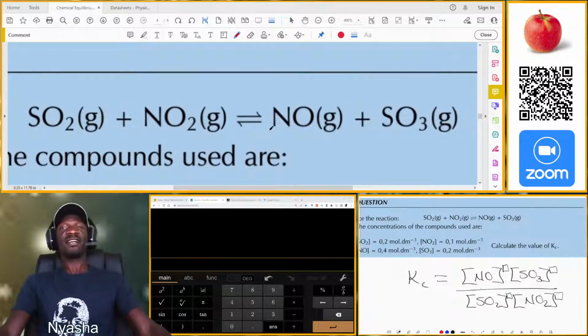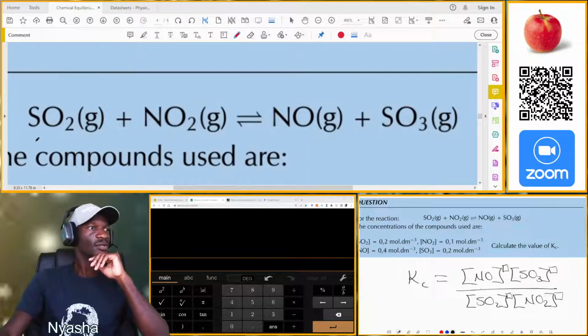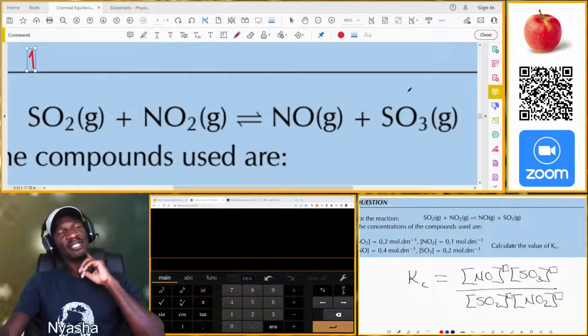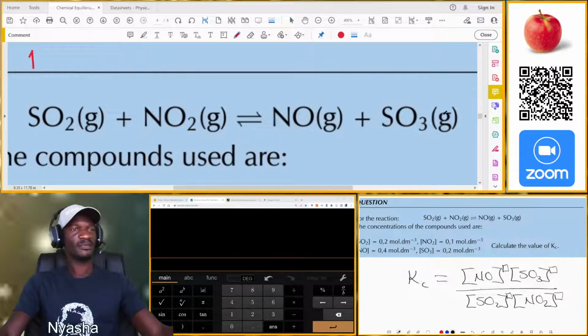How many sulfurs do we have on the left-hand side? We have one sulfur there. How many sulfurs on the right-hand side? We have one sulfur here. So the sulfurs are balanced.